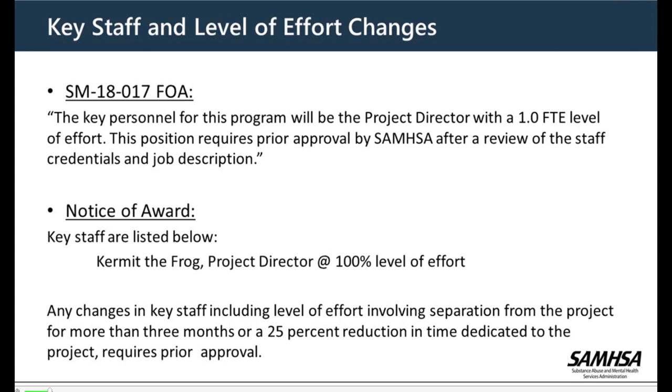Actually, the language about reducing effort by 25% doesn't really apply to this grant since the project director is required at 100%. But the separation from the project for more than three months may still apply. I don't know how commonly we see that happen, but either way, that's the only position requiring prior approval from us to make a change.